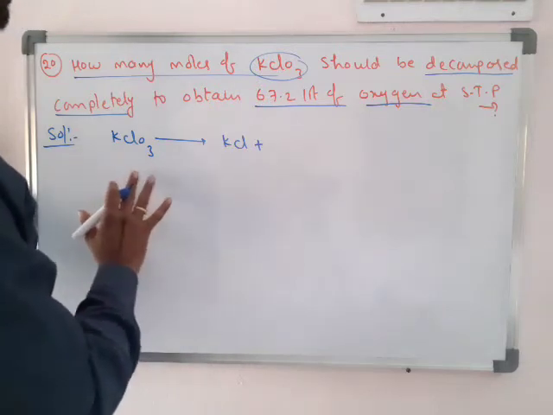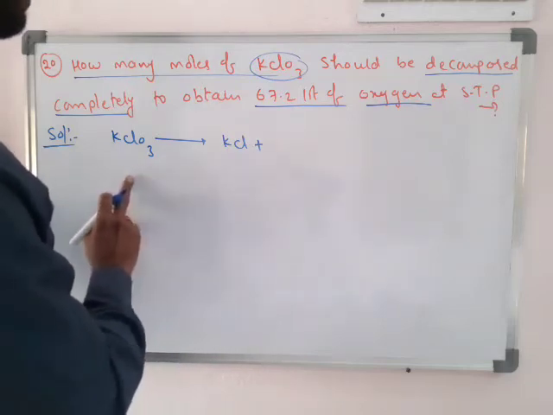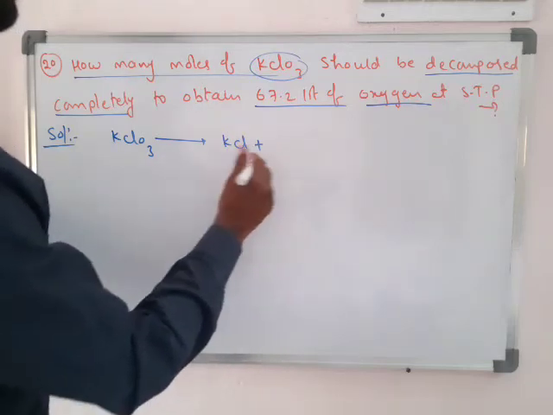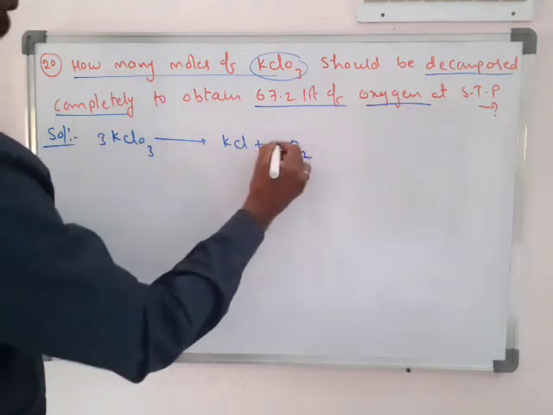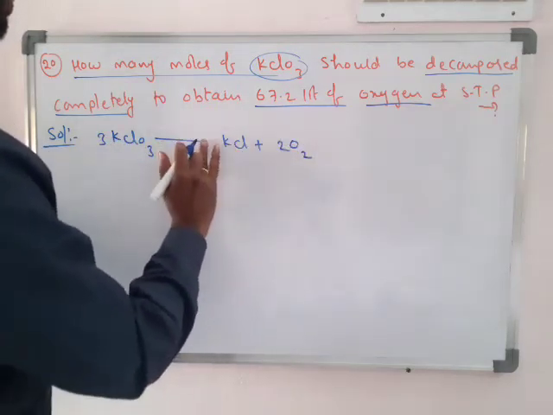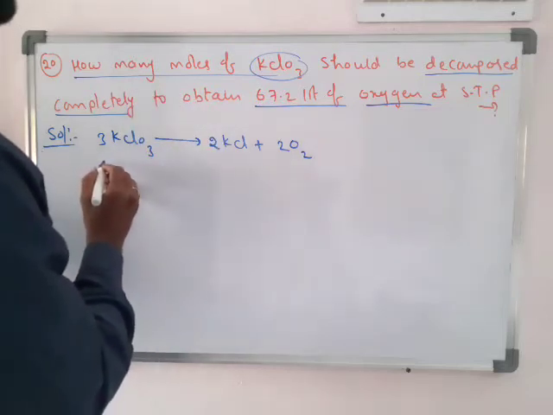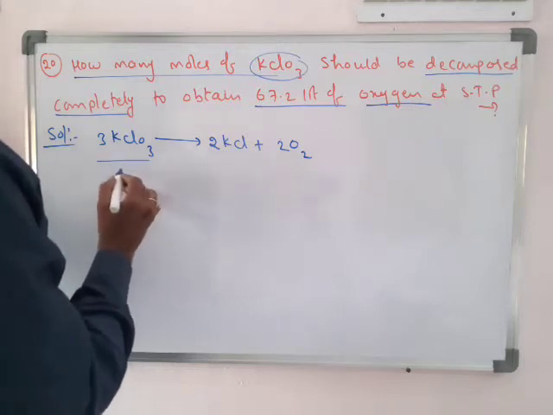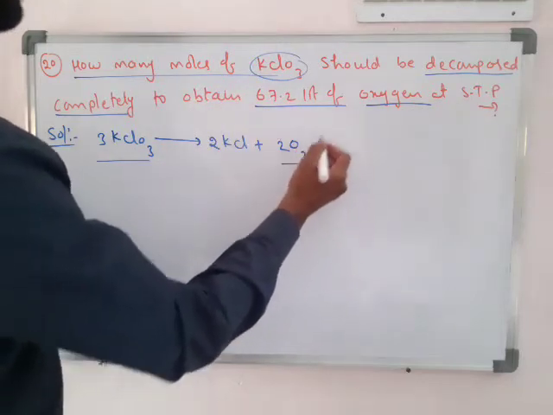It is also the best example of an irreversible reaction. Potassium chlorate on decomposition becomes potassium chloride and oxygen. Balance the equation. Here we have to compare the number of moles of potassium chlorate and the volume of oxygen.